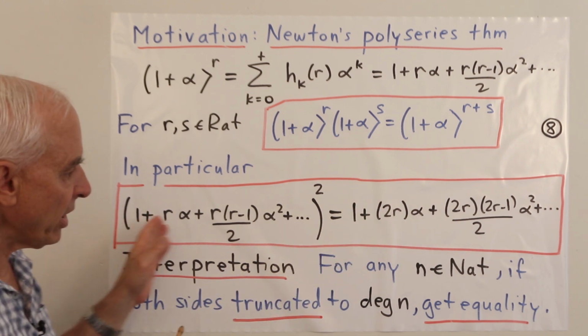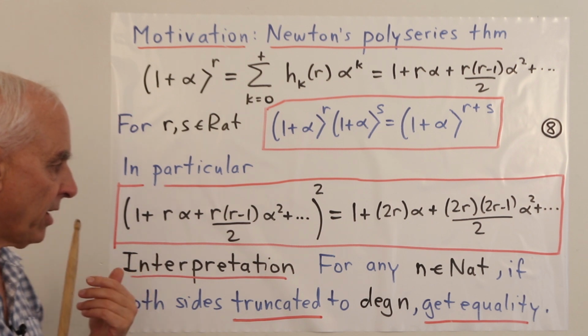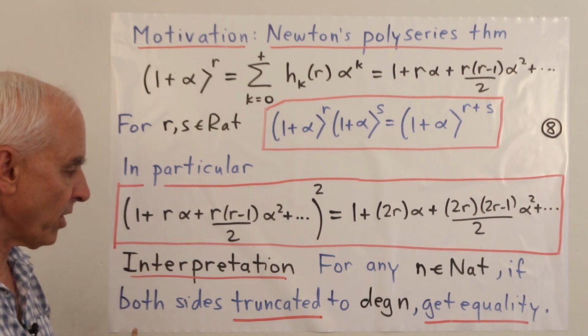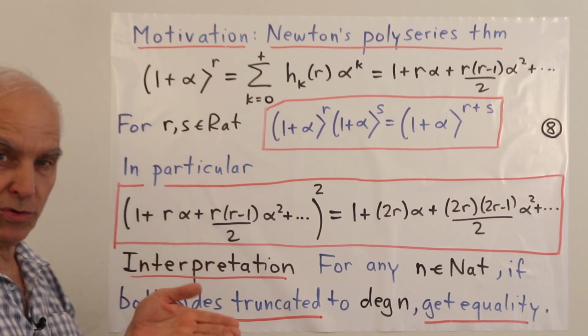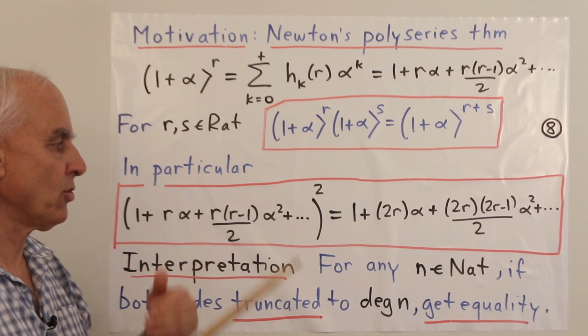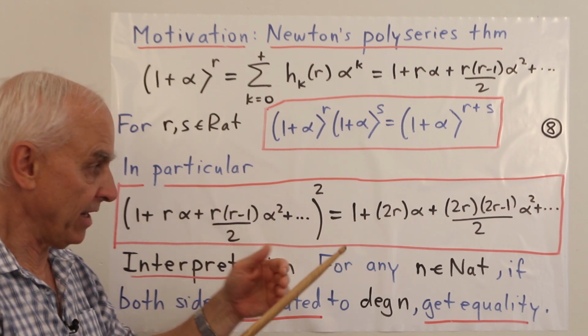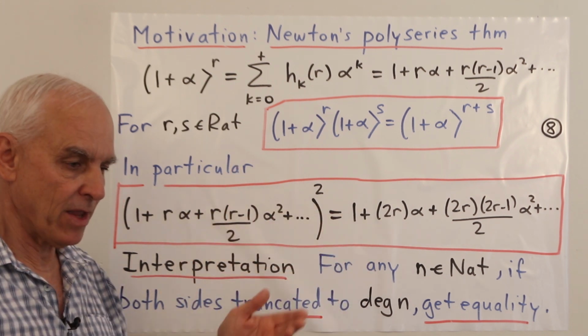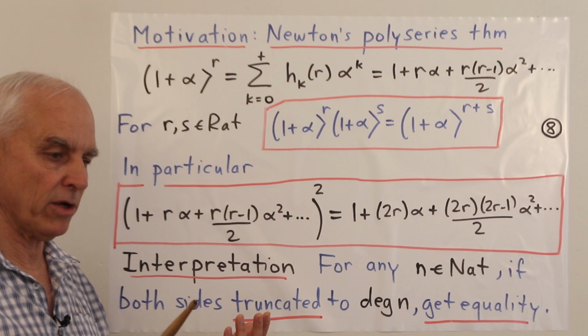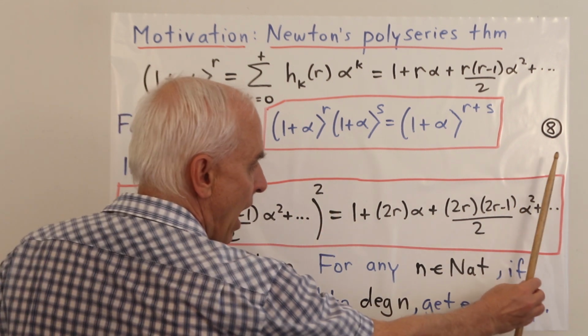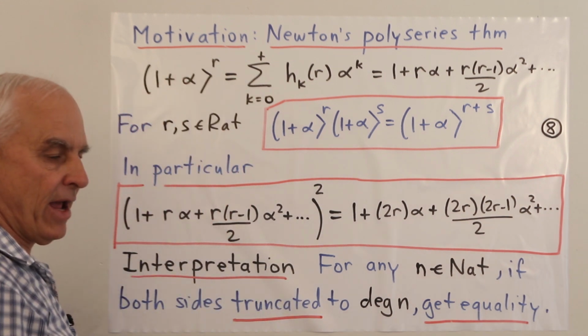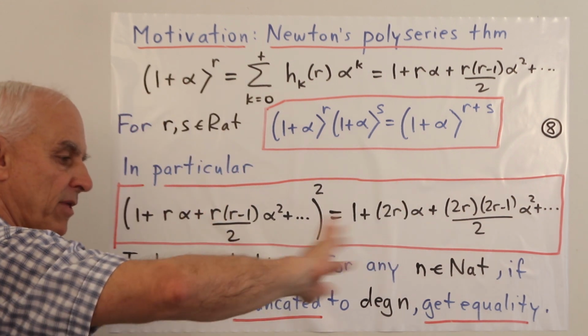So how did we interpret this? Well, we interpreted it in the following way. What does this mean? It means that if you pick some natural number n and you look up to degree n in alpha on both sides, then you're going to get equality. So what does that mean? On this side here, we go up to terms of alpha to the n and we truncate or drop everything beyond that.